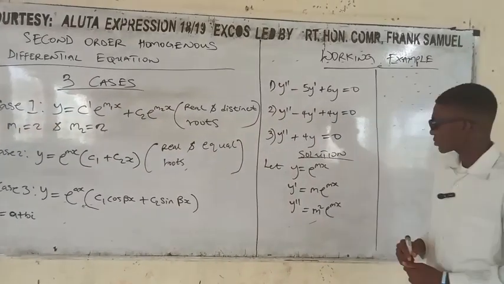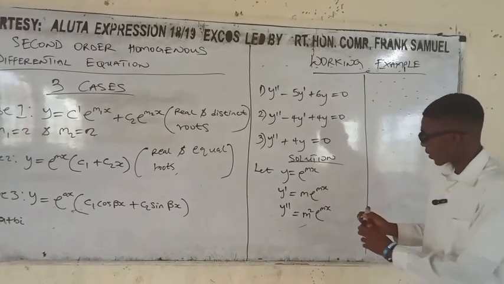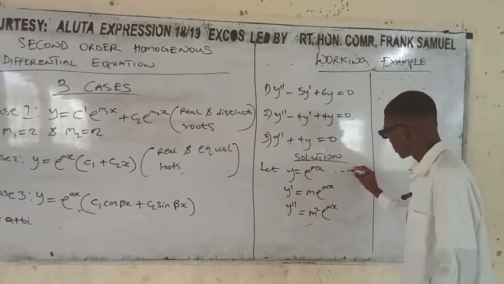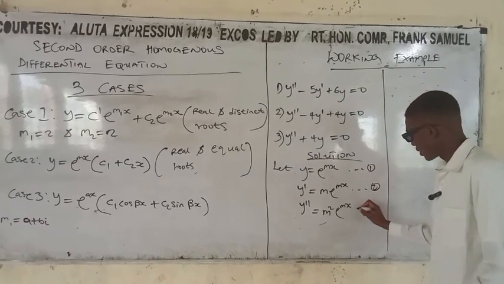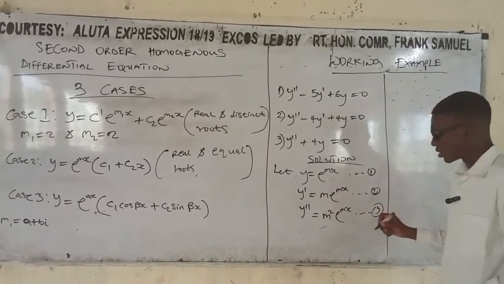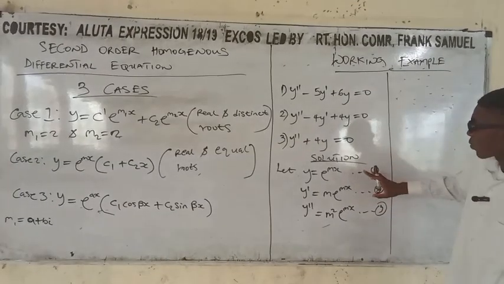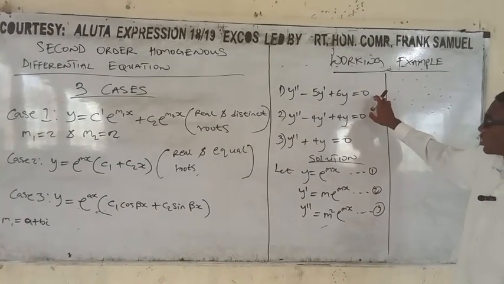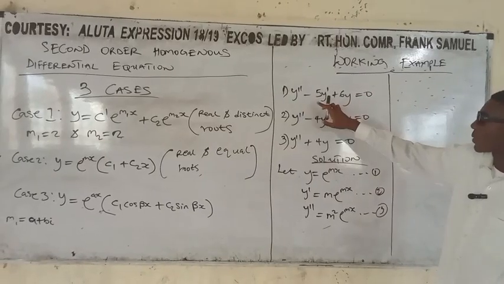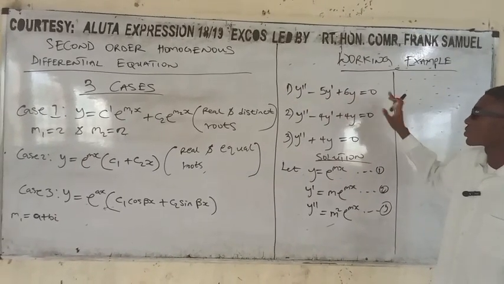This is our equation 1, this is our equation 2, this is our equation 3. Follow it step by step. Now we have to substitute equations 1, 2, and 3 into our equation, which is y'' - 5y' + 6y = 0.